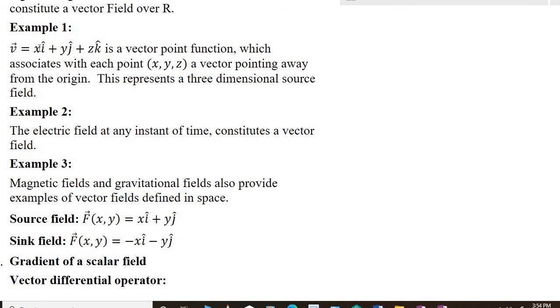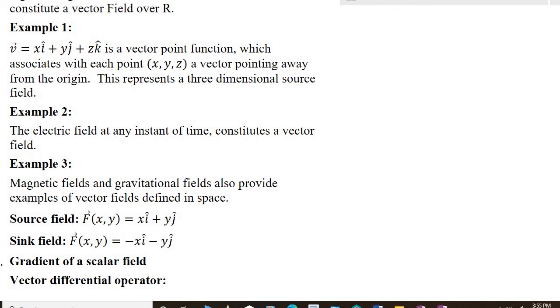Next, example 1. V bar equal to x i crown plus y j crown plus z k crown is a vector point function. Whenever i crown, j crown, k crown are appearing, it is a vector point function which associates with each point x, y, z a vector pointing away from the origin.